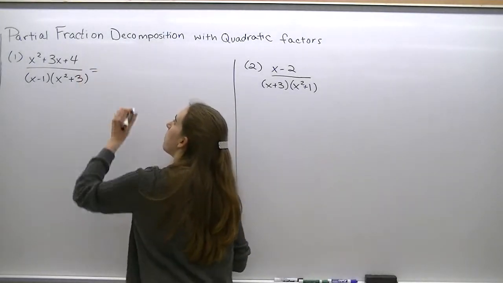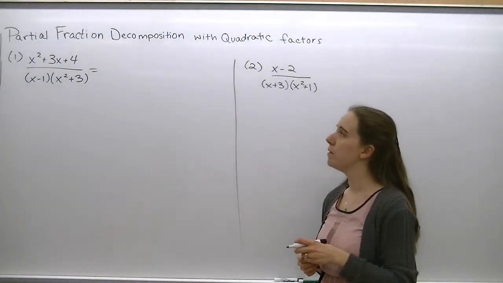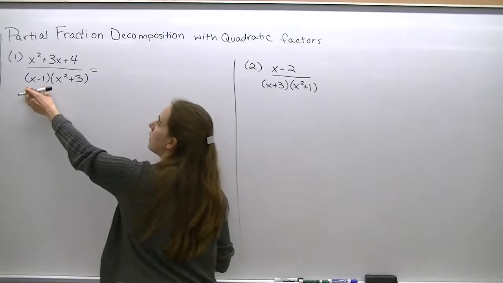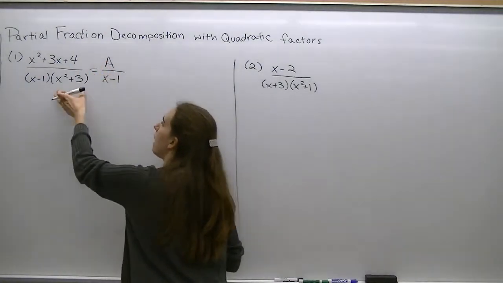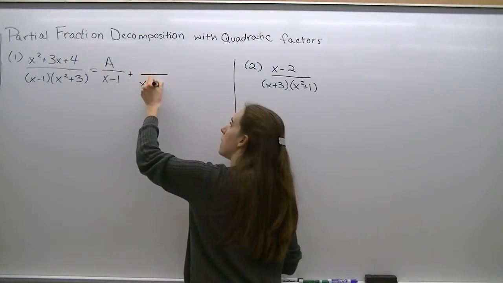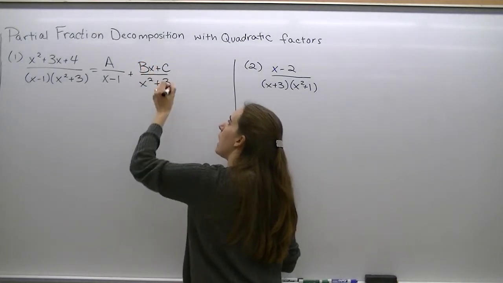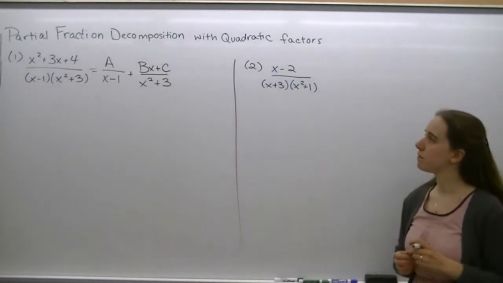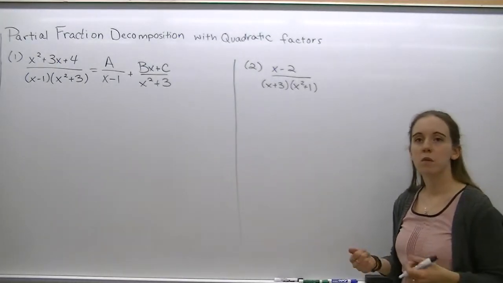So in order to propose a decomposition for this particular example, we treat the linear factor just like we did before. But then remember that we have to treat the quadratic factor a little bit differently. Instead of just having b over this, we need bx plus c. Then we can proceed as we were before.